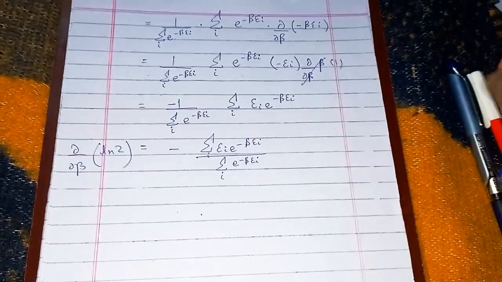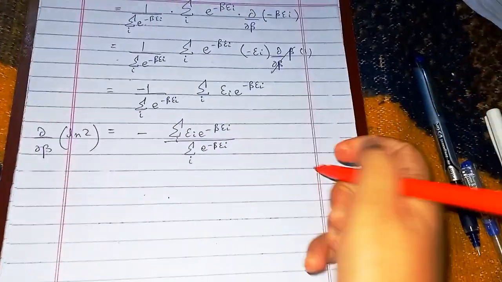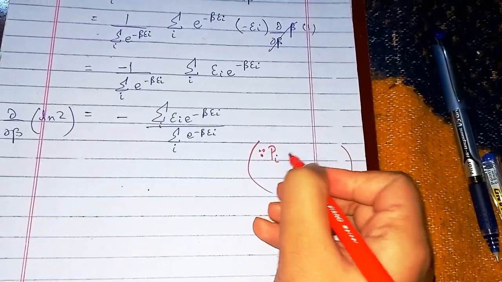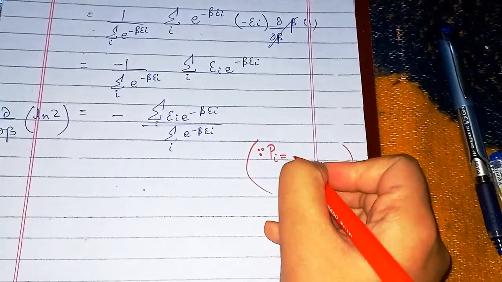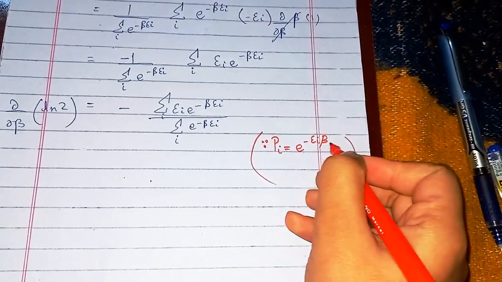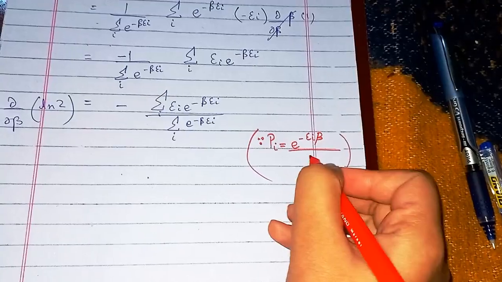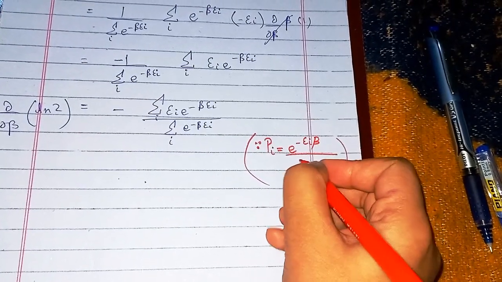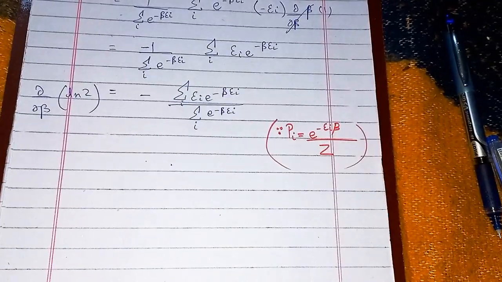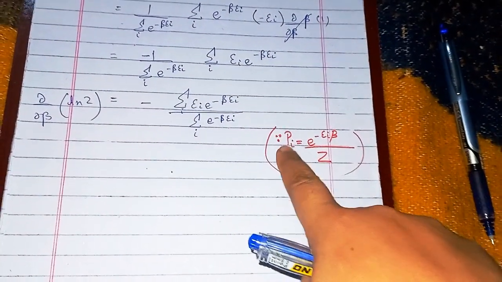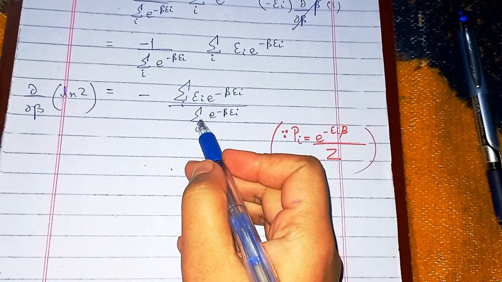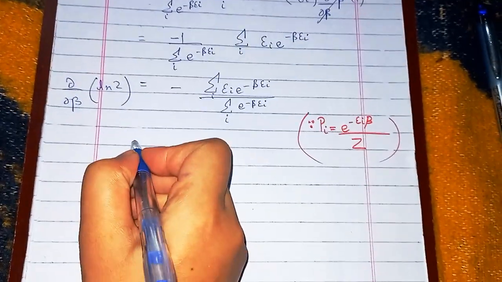Now, what is the formula of probability? It is equal to e to the power minus beta Ei divided by Z. This is the formula for probability Pi. So we can see the denominator is equal to Z, so we can replace it here.